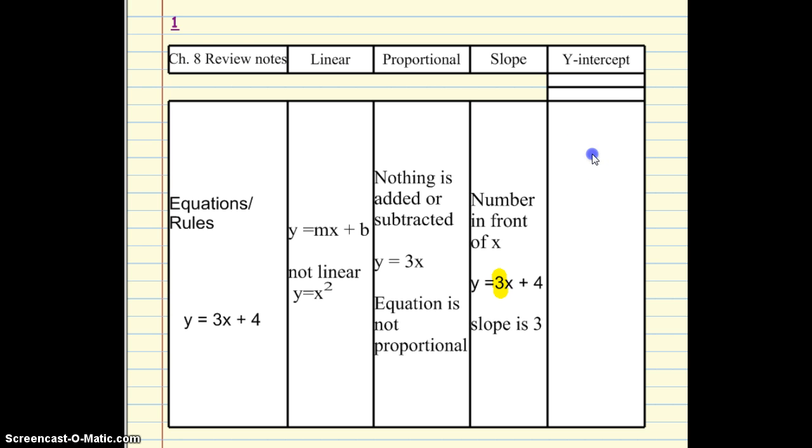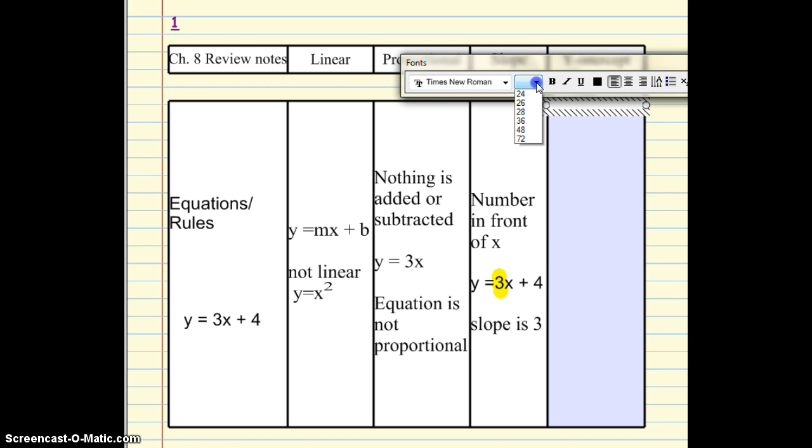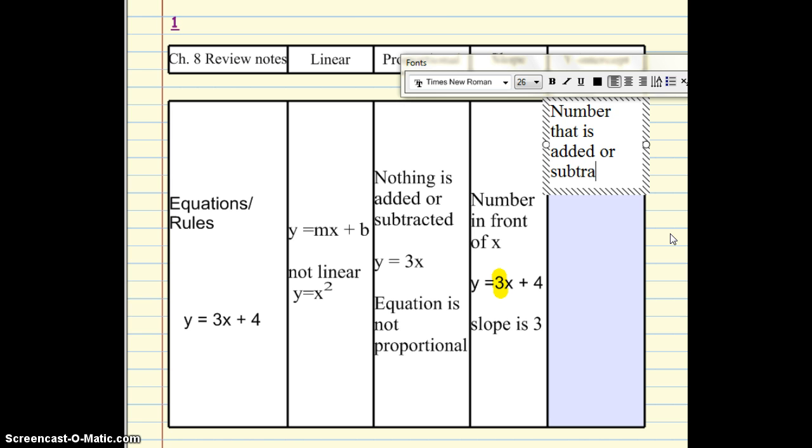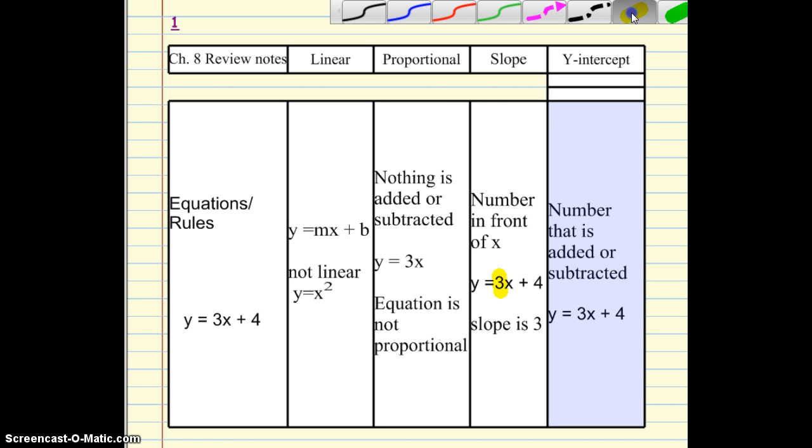And lastly, our y-intercept. We find the y-intercept by looking at the equation, and that is the number that is added or subtracted. So again, if we take a look at our equation, y equals 3x plus 4, our number that is added or subtracted is the plus 4.